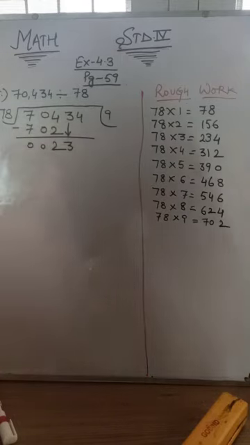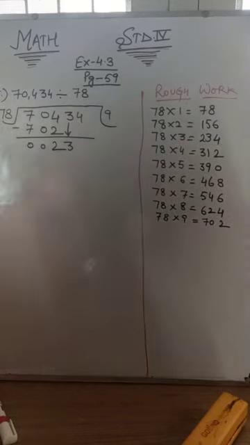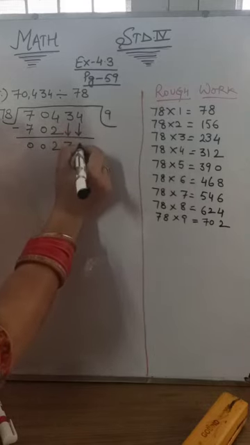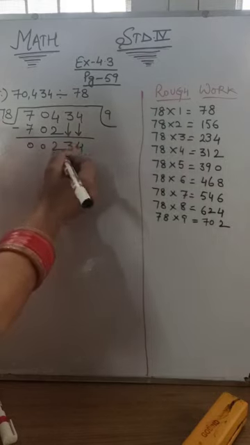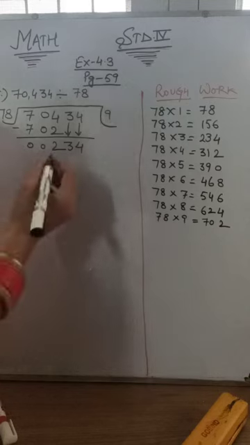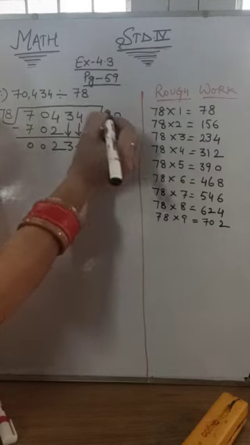It will become 23. So 23 is smaller than 78. So it is not possible to divide or subtract. We'll bring one more number down, that is 4. So it now becomes 234. Now it will be easily subtracted. We have brought two numbers down, so we'll put 0 here.